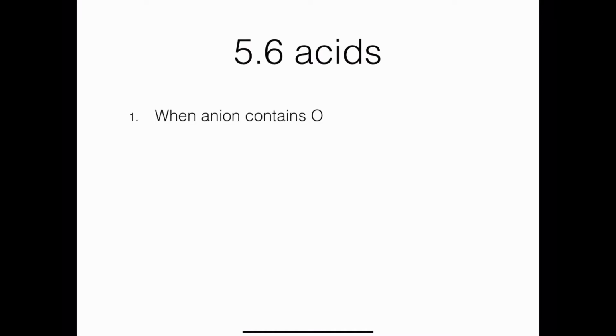The second type is when the anion contains oxygen. So this is going to be polyatomics that you're looking at. Two basic rules. Ate becomes ic, ite becomes us. So when the polyatomic ends in ate, it becomes ic acid. When the polyatomic ends in ite, it becomes us acid.